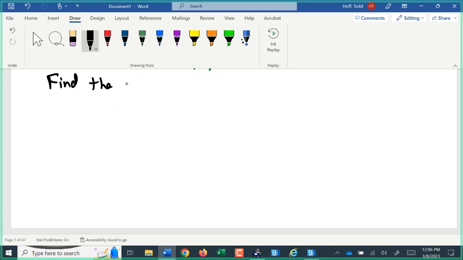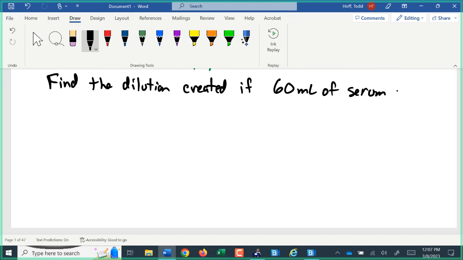We might ask, find the dilution created if 60 milliliters of serum is dissolved into, let's do, 150 milliliters of total solution.